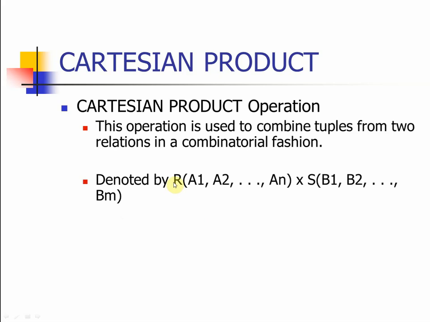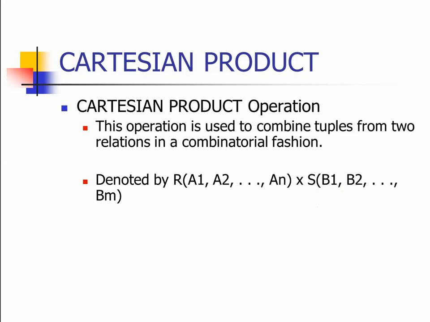We have one table, the R table, and the other table, the S table. Inside the R table, there are several attributes: A1, A2, until AN, so there are N attributes for table R. The S table has B1, B2, until BM, and therefore there are M attributes in the S table.